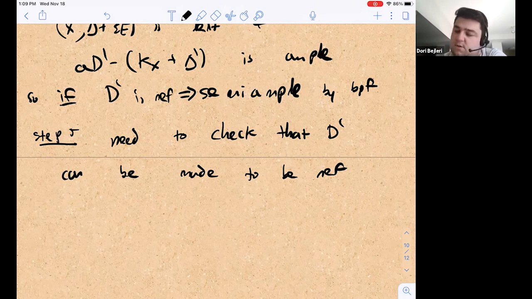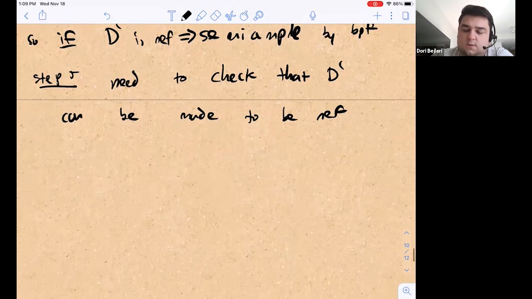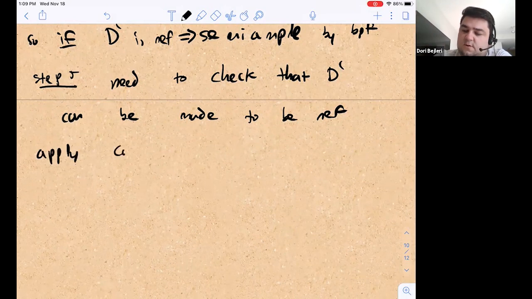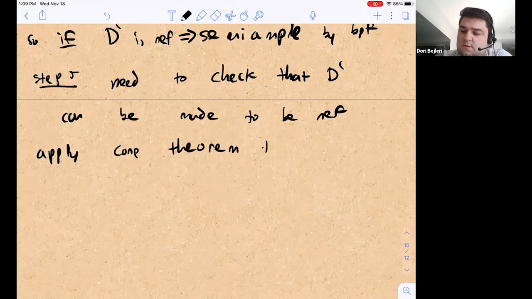Okay, so now we apply the cone theorem to (X, delta prime).